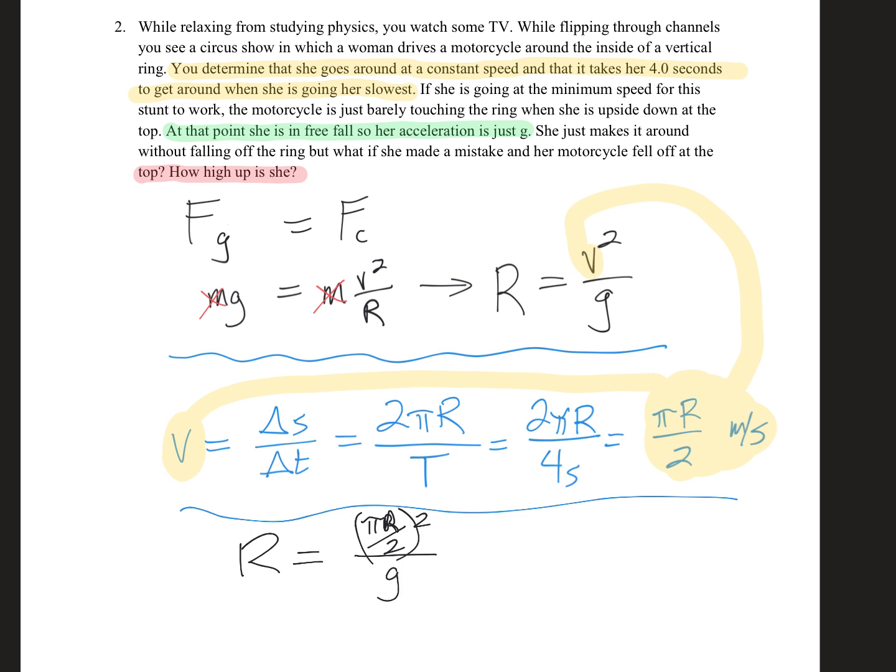Now I have r on both sides of the equal sign, but I have one unknown in this game here. So we'll write it all out. I get pi squared r squared over 4g.